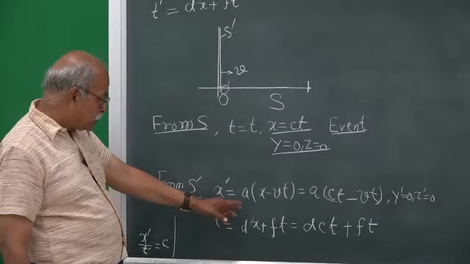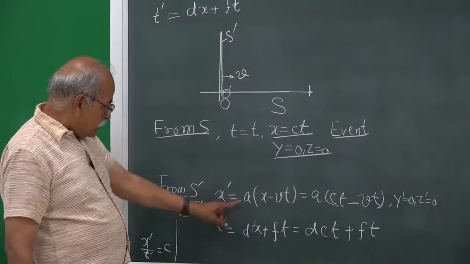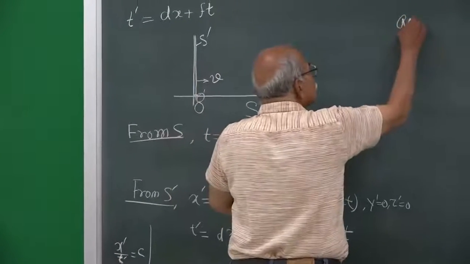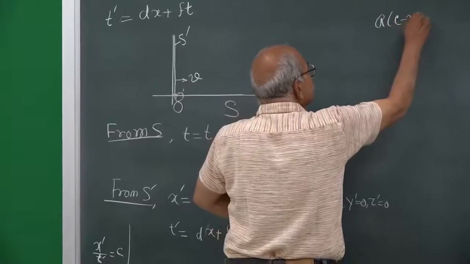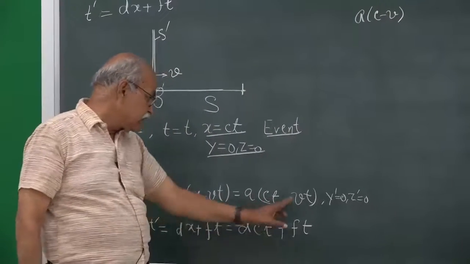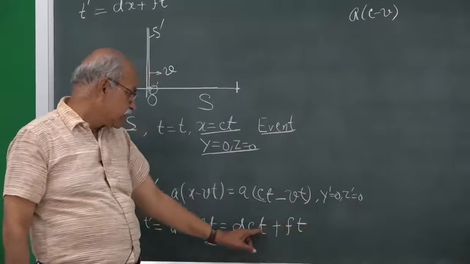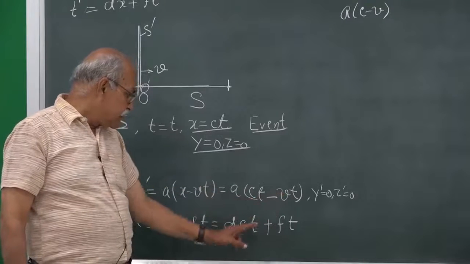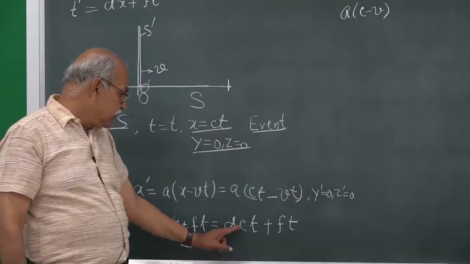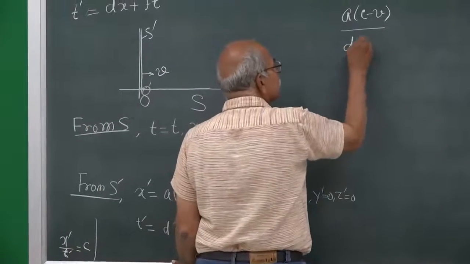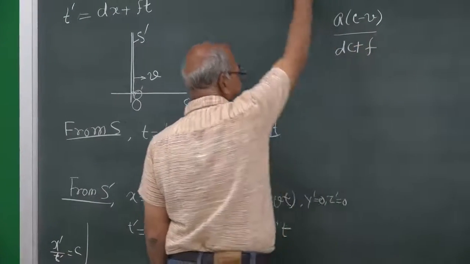Divide here, what do you get? A into c minus v. When you divide, this t is going to cancel out. So, in numerator you have a into c minus v, and in denominator you have d c plus f.